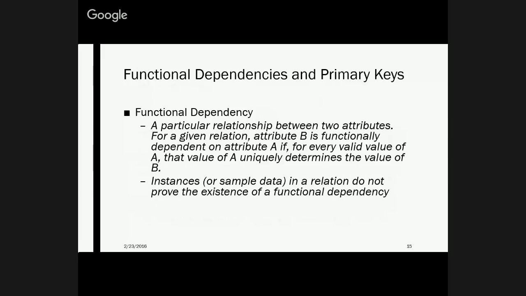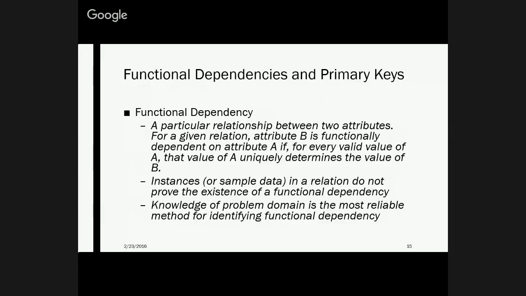So you got to be a little careful with a lot of these decisions and don't base it on the data, base it on a higher level of thinking. And this knowledge of the problem domain is the best way to identify these. This is where it's hard. And this is where, like some of your projects, the databases, like Damon did mushrooms. I know nothing about mushrooms. So I had to really think about his functional dependencies.